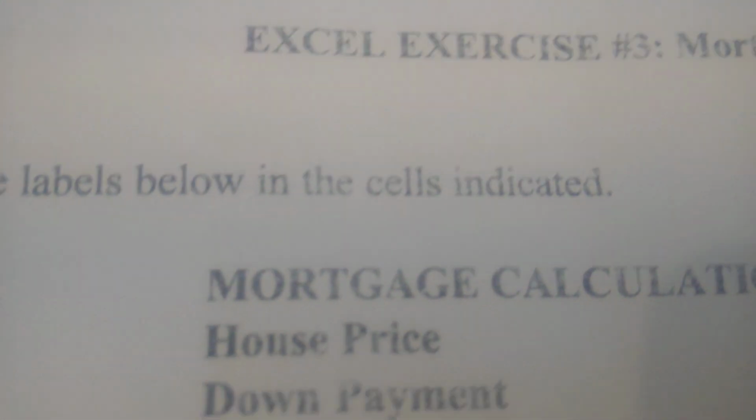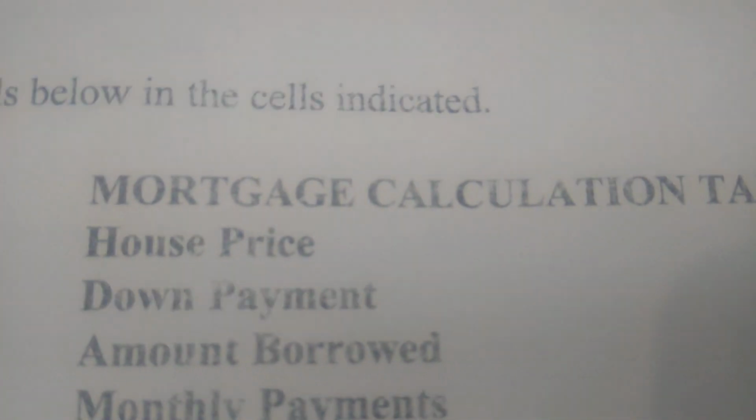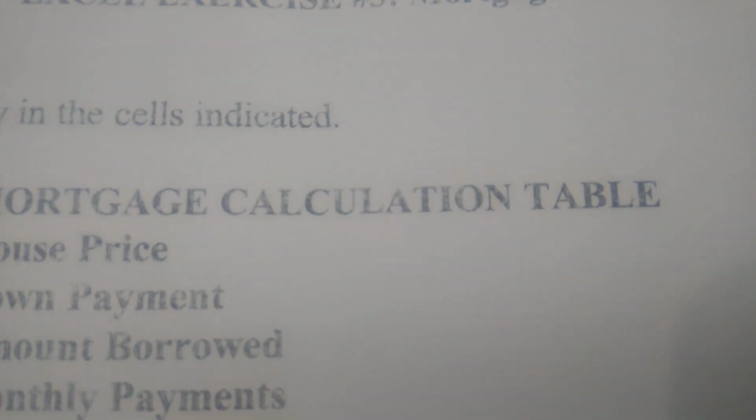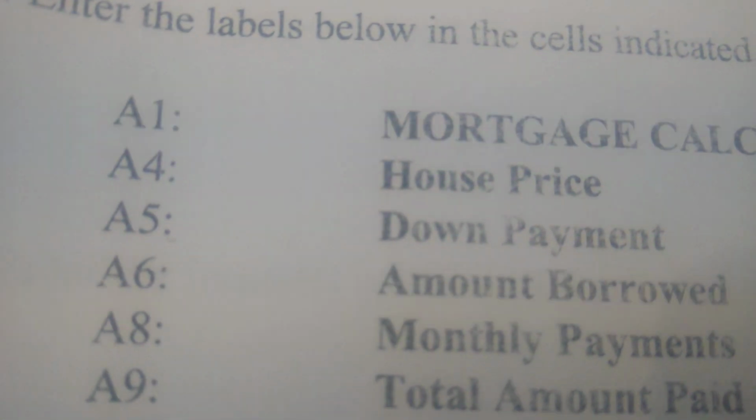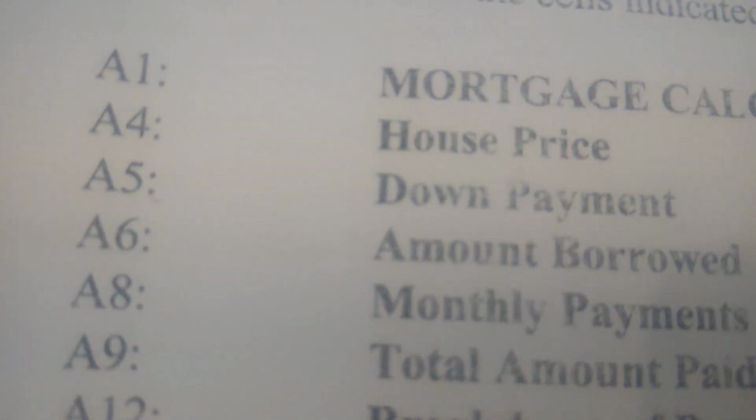in the cells indicated. Okay, in A1 you're going to input this label, mortgage calculation table, and then you go to the A4 cell on the worksheet. First click on the A1 cell, then click on the A4 cell. In the A4 cell, you need to input the label house price.